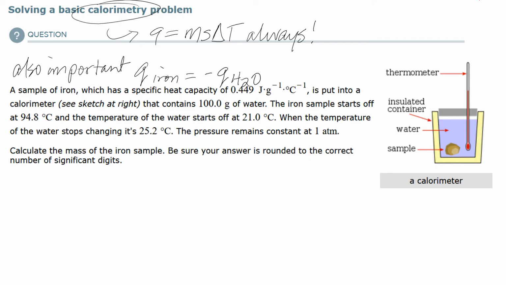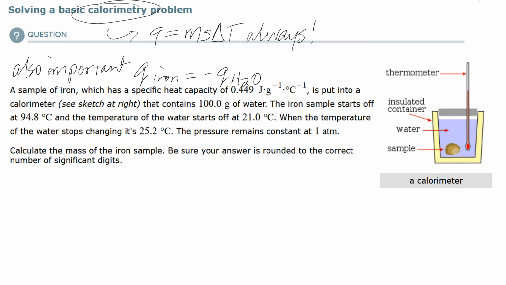The container is insulated, so it prevents any leakage of heat from the thing that you were studying, which is the heat exchange between the iron, in this case, and the water, and any outside environment, which is very important.